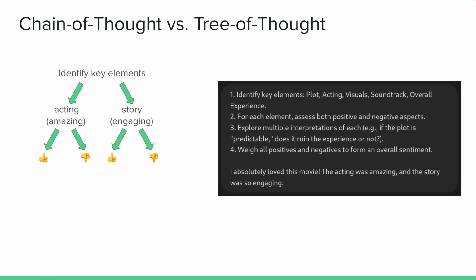For example, the acting might be amazing and the story could be engaging, but yet predictable. This branching logic allows the model to assess different possibilities or interpretations of each aspect before coming to a conclusion. After weighing these positive and negative factors across all the key elements, the model combines these results to form a more nuanced and informed conclusion.